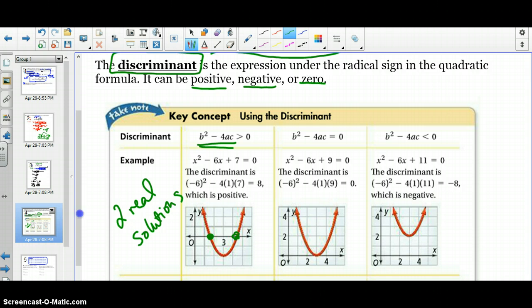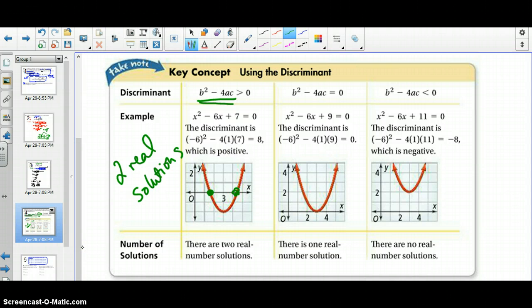If your discriminant is 0, there is only one real solution, and that means it's going to cross your x-axis once. And if your discriminant is negative, meaning less than 0, there is no real solution, meaning it doesn't cross the x-axis ever.